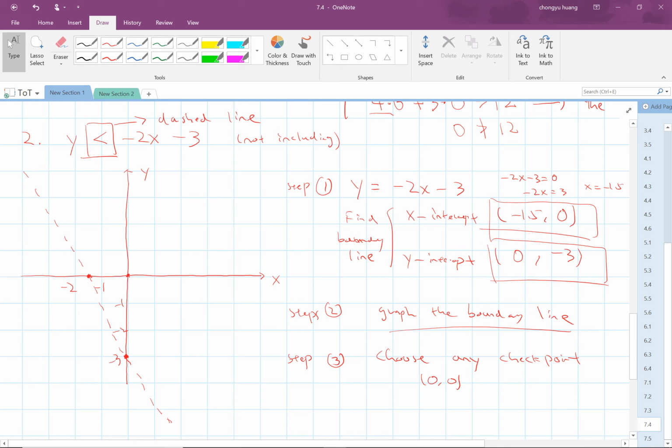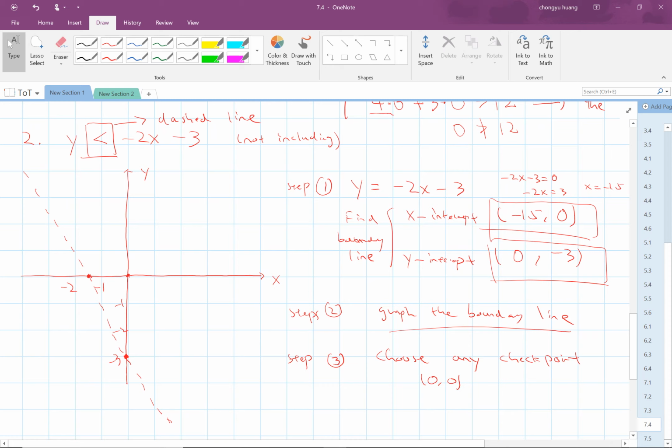right now we have to check the statement. If the statement is true, then you shade the area including that checkpoint. If not, then you shade the other area. So let me repeat again.